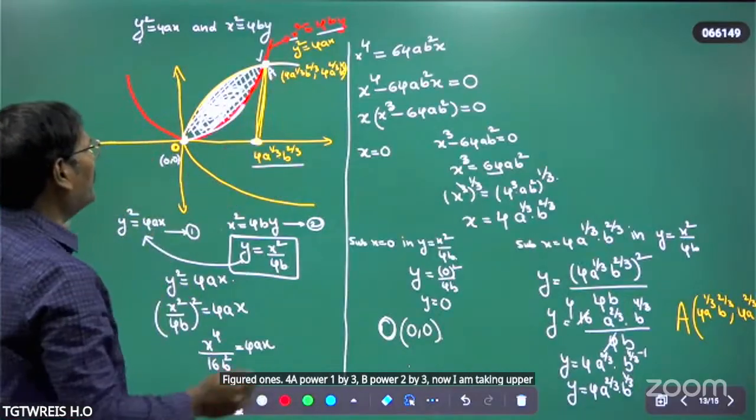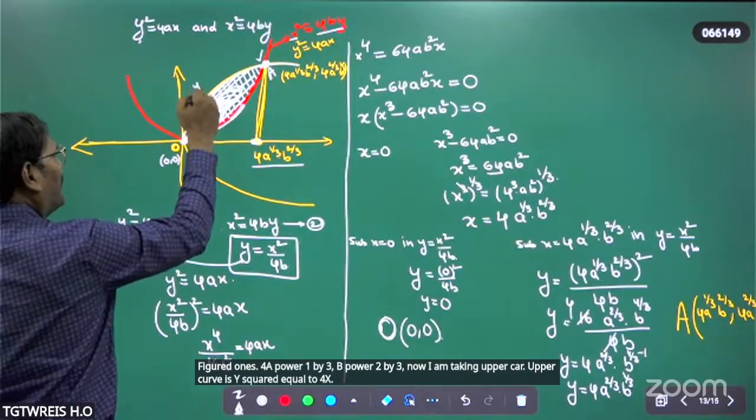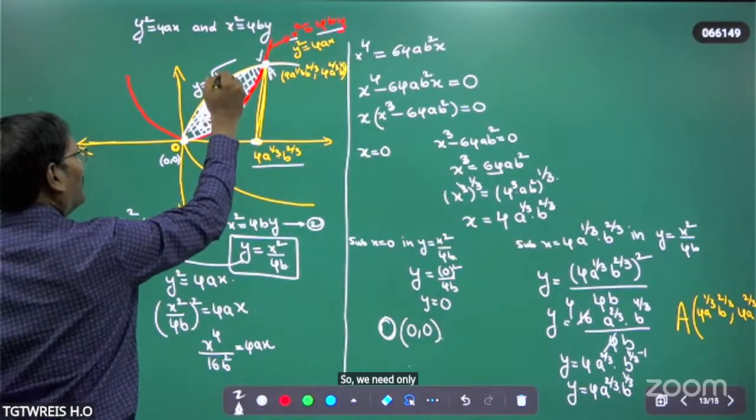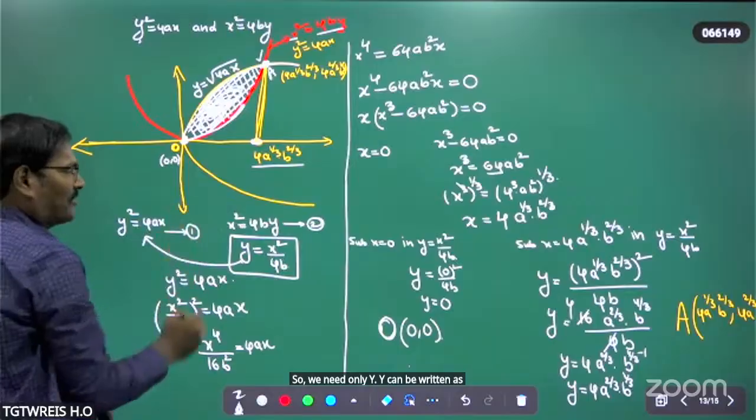The upper curve is y square equal to 4ax, but we need only y. y can be written as root 4ax.